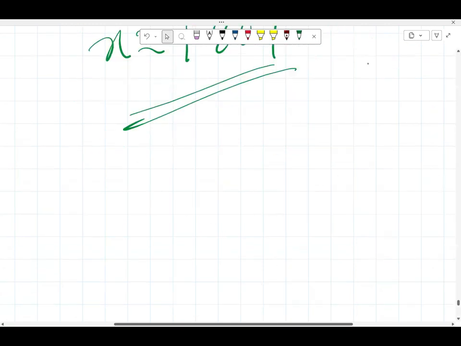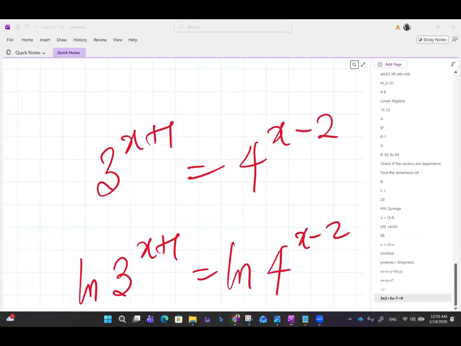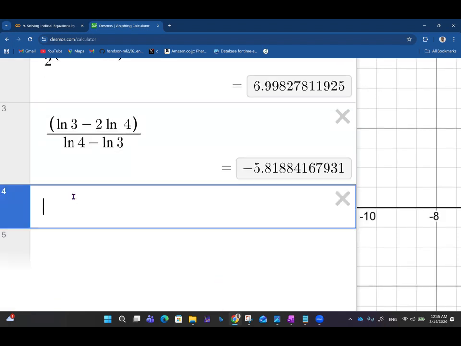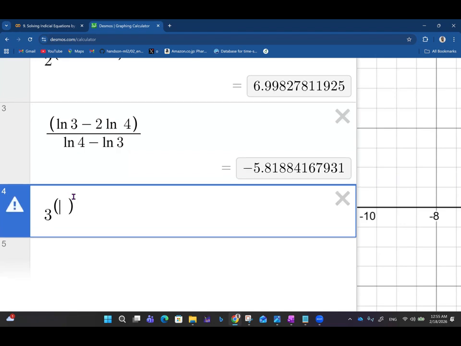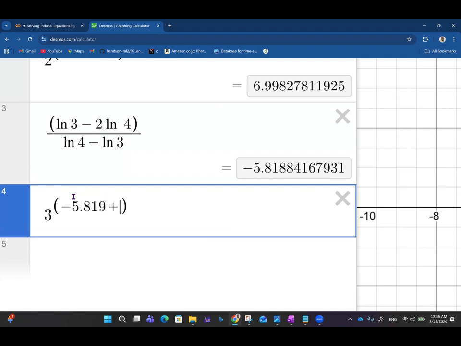Can we check that? Yeah, we can, because we have 3 raised to the power x plus 1 and 4 raised to the power x minus 2. So we have 3 raised to the power (x plus 1), where x is minus 5.819, plus 1.